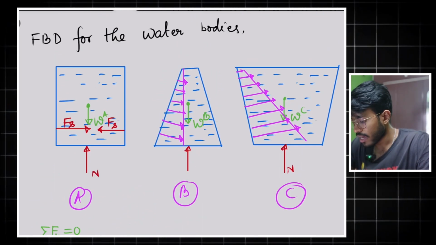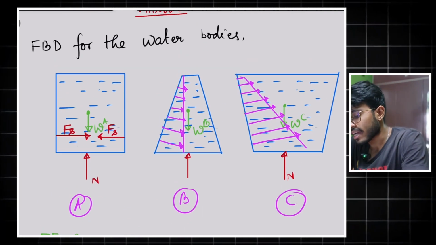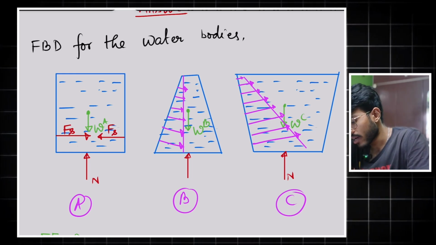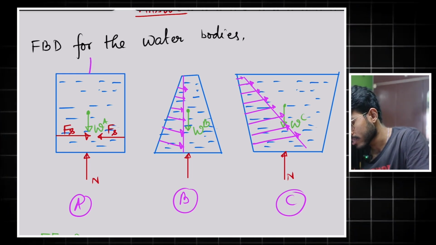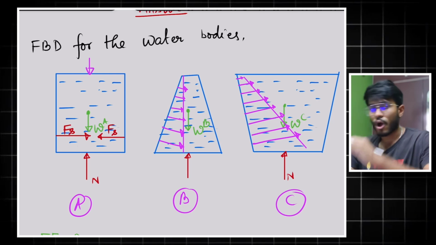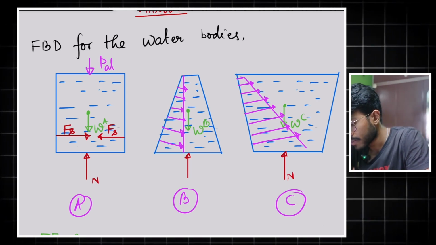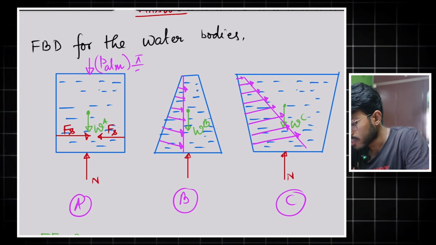Actually, I can cancel out the PATM, because in this free body diagram, on the top surface of the water, on the free surface, I will be having PATM into pi by 4 d square.